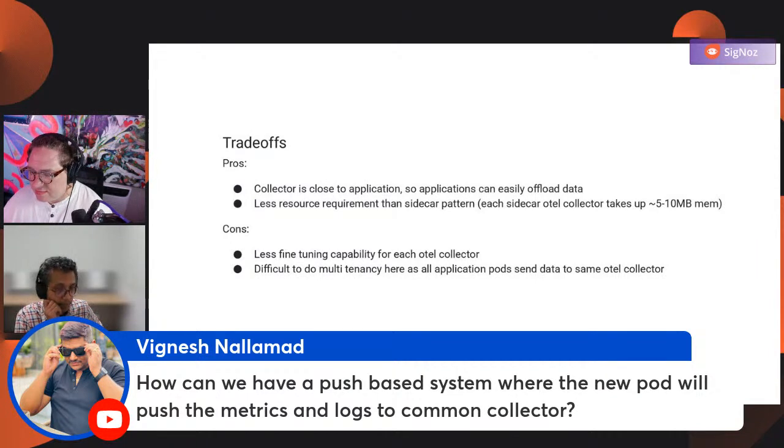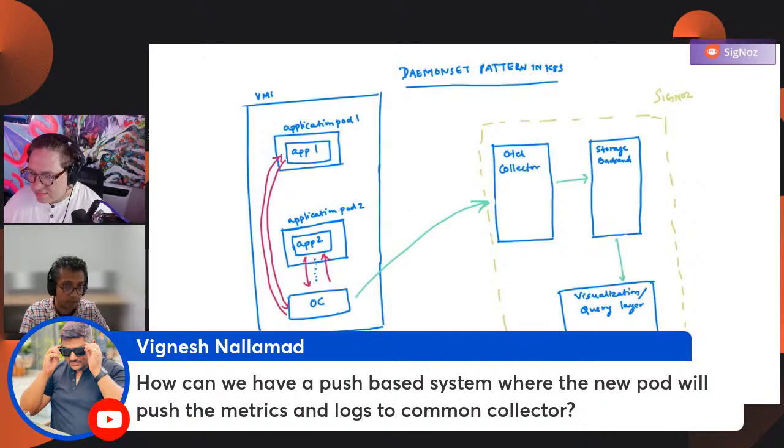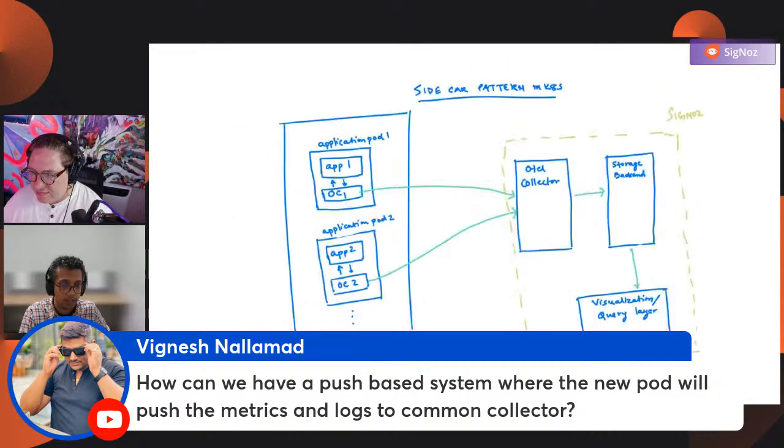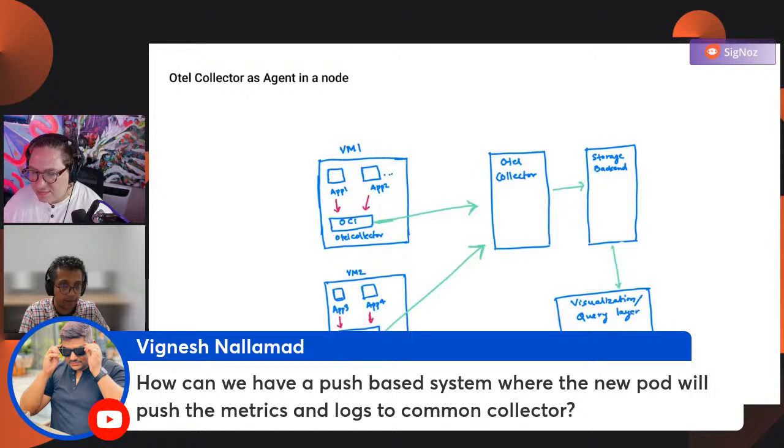So, for example, if you're using the host metrics receiver in OpenTelemetry, and you have this pattern where we have an OTel collector running in a virtual machine, and you want to get the host metrics, that is by default, as far as I understand, a push-based model where the OTel collector takes these metrics and then pushes to the central OTel collector.